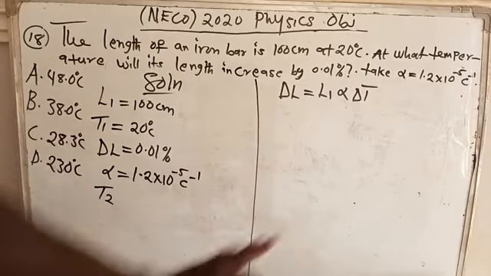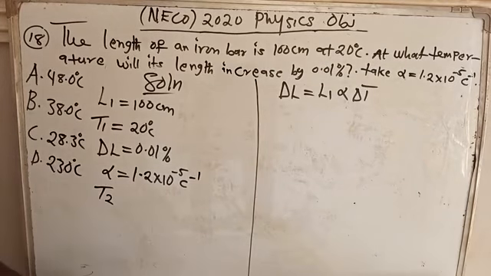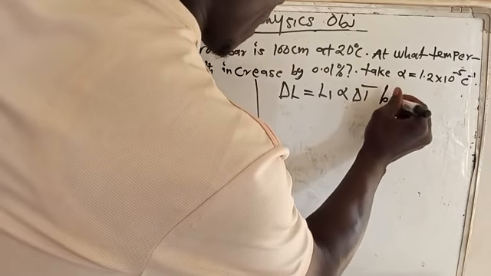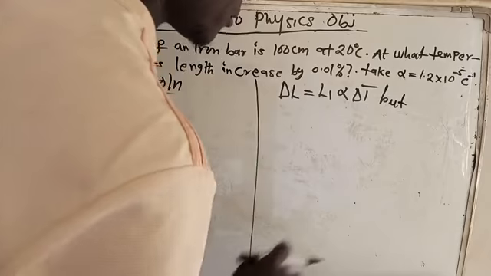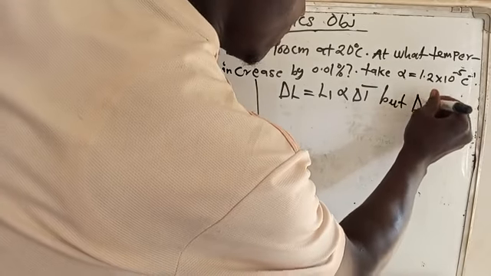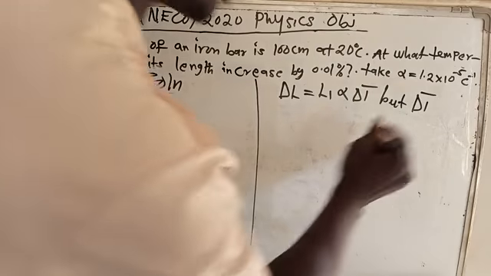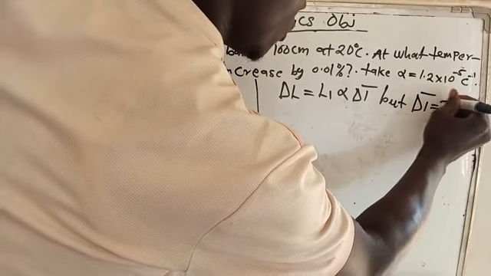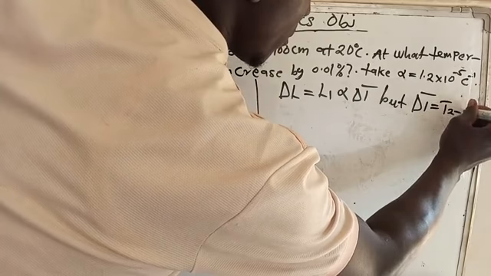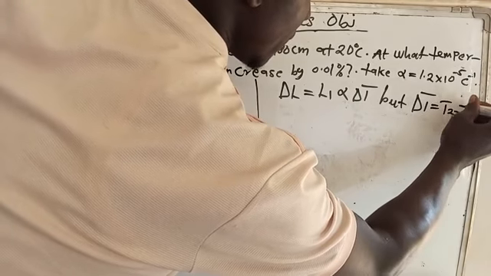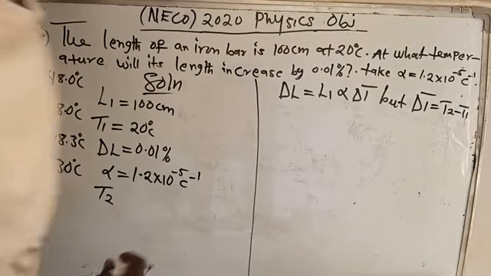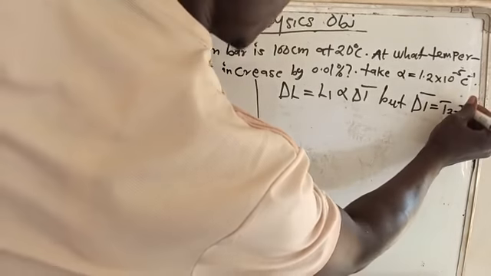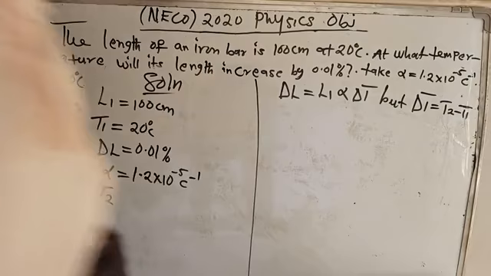This is the equation that we are going to use to solve this very problem. But look here: ΔT, the change in temperature, is equal to T2 minus T1.